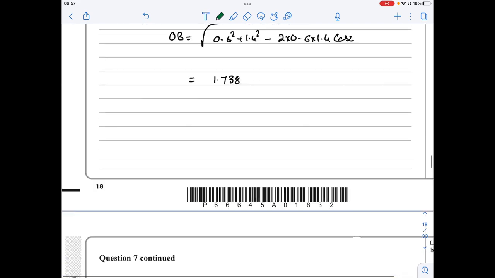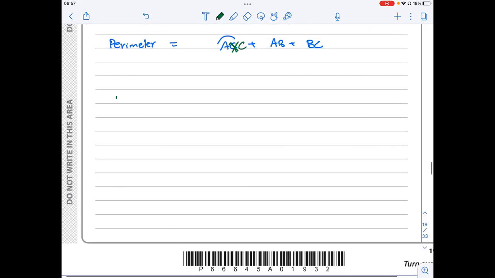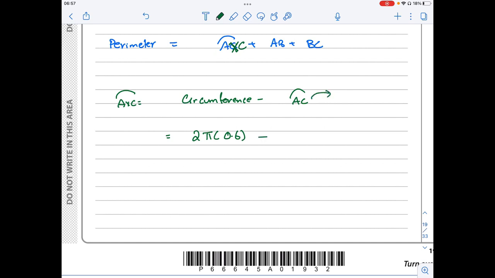So arc AXC equals circumference of the circle minus arc AC. Circumference is 2 pi r, radius is 0.6, minus AC, which is r theta, so 0.6 times 1.64. So this is the length of the arc AXC.